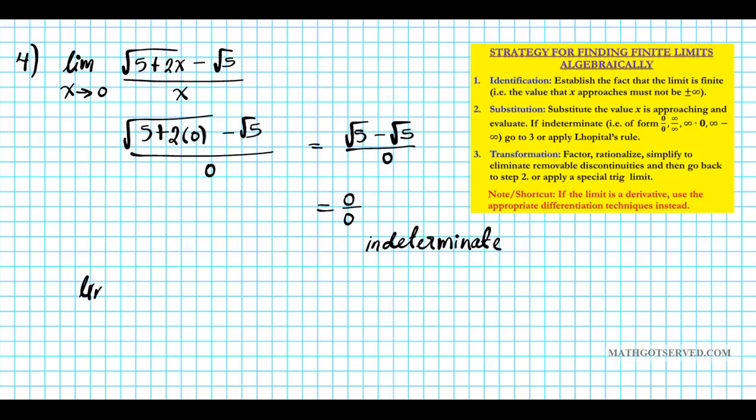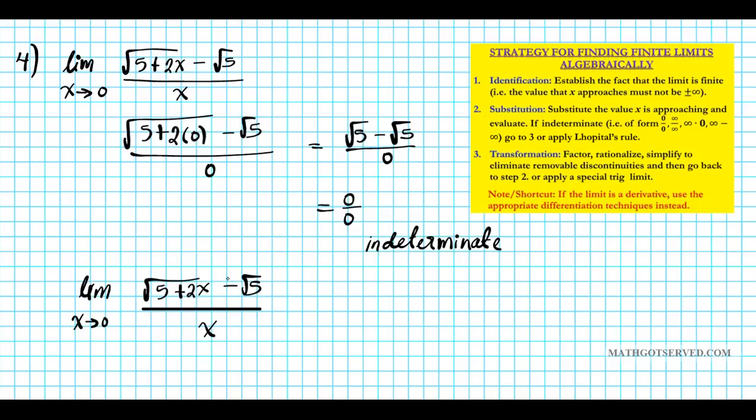Okay, what kind of transformation can we carry out here? We have the radical symbol going on. Anytime you have a radical, what kind of transformation comes to mind? Rationalization, right? So we're going to rationalize the numerator. Let's go ahead and multiply by the conjugate.